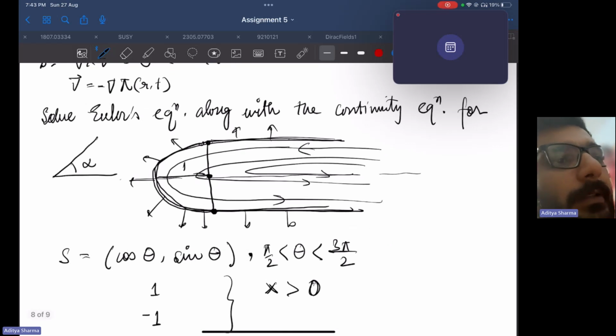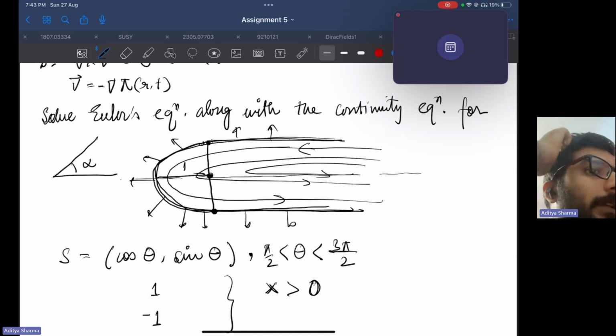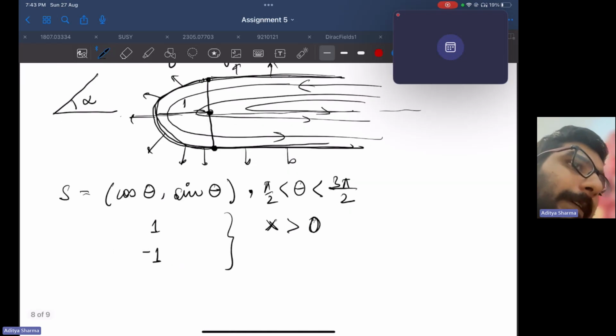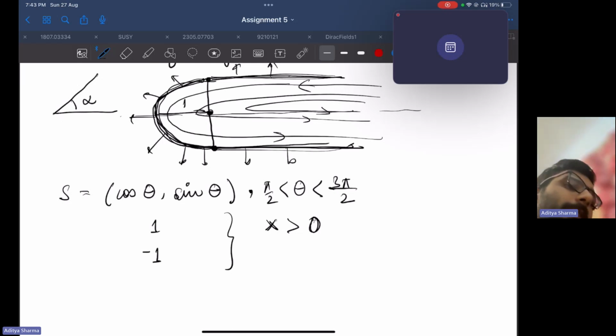So the best coordinate for this part of the problem is the plane polar coordinate, to solve this equation.